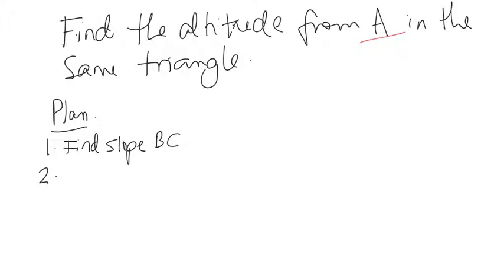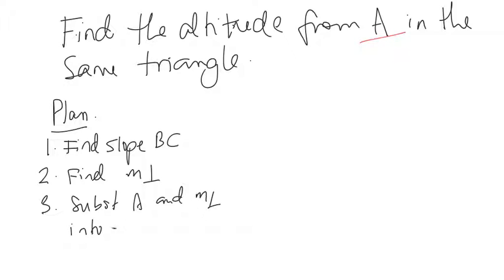The second thing I need to do is find the perpendicular slope. I'll just write that as M perpendicular. And then lastly, I want to substitute the point A and the perpendicular slope into y equals mx plus b. Just like that.